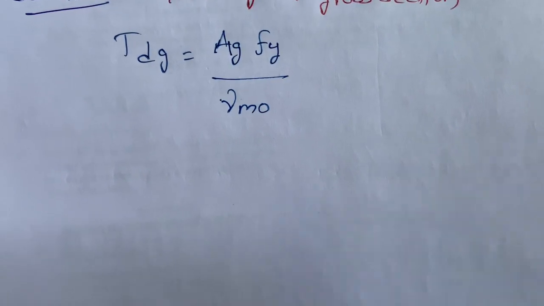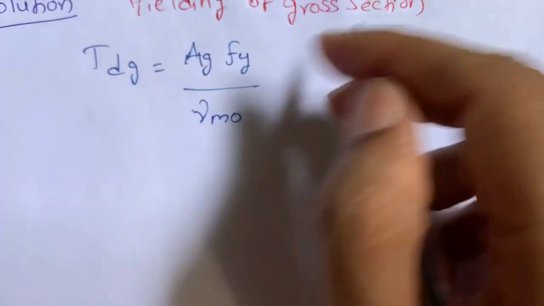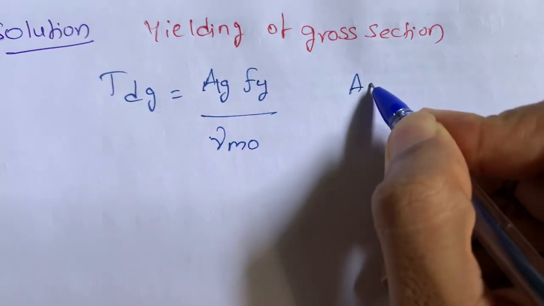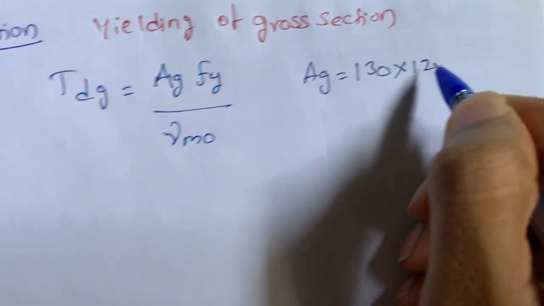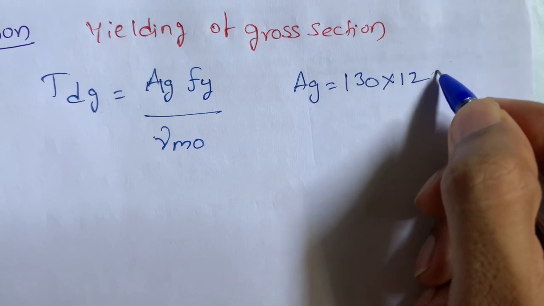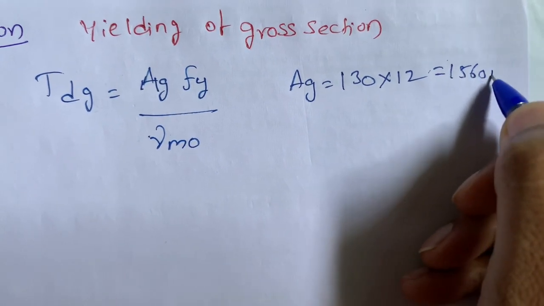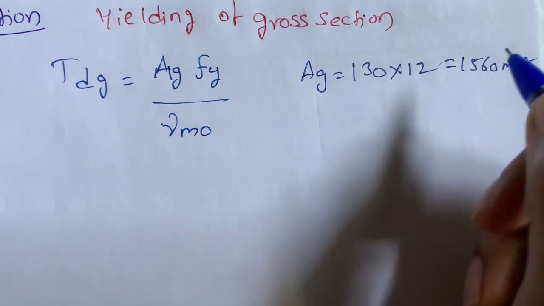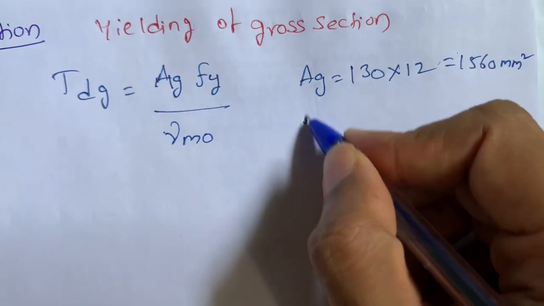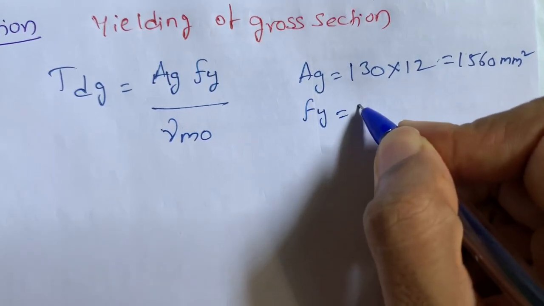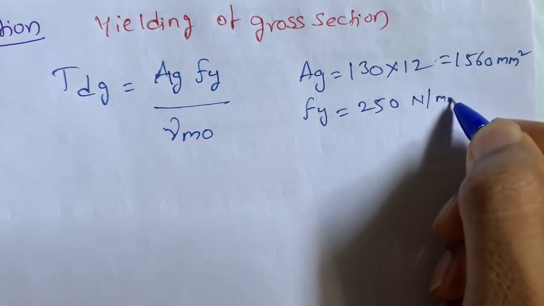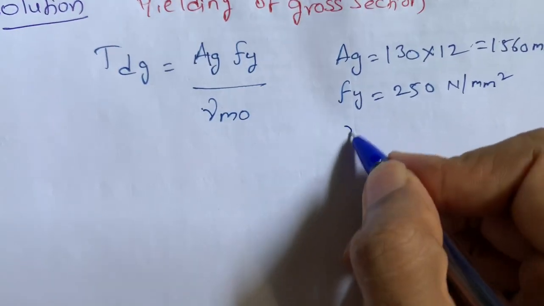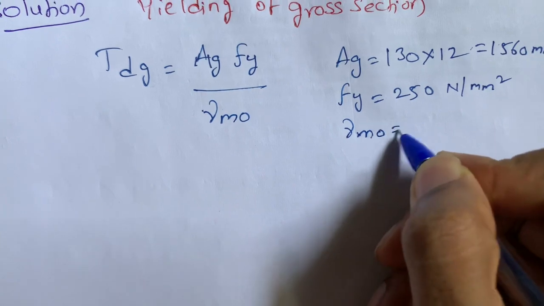So A_g is the cross section area, that is equal to 130 into 12, that is 1560 mm square. Next, f_y is nothing but the yield stress, that we already know is 250 Newton per mm square. And gamma m0 is the partial safety factor.